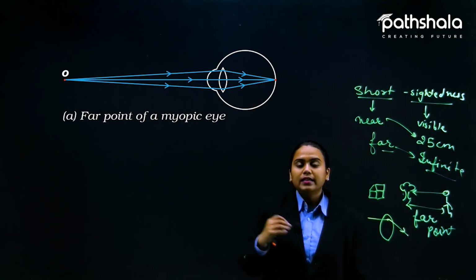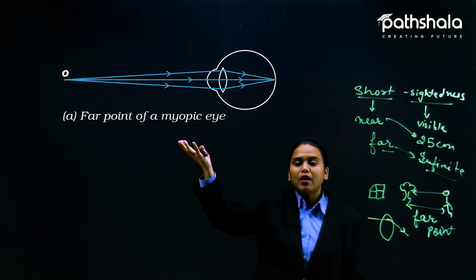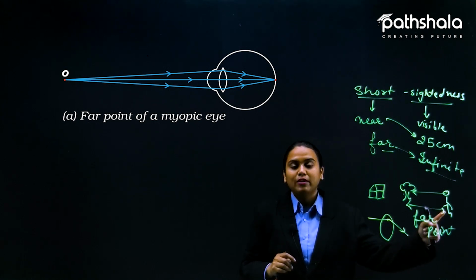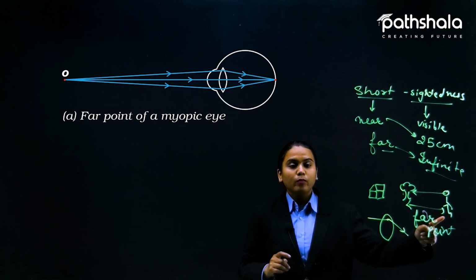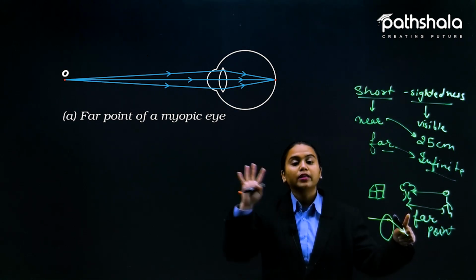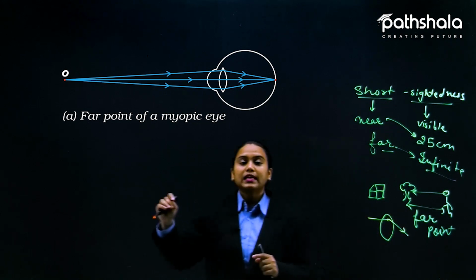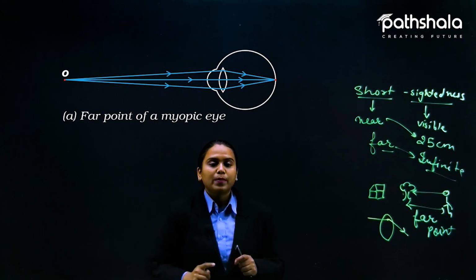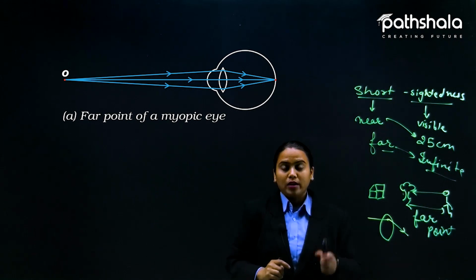Let's suppose here we have the far point of the myopic eye. As I have told you, this person has myopic disease. The last thing he could see clearly, the furthermost thing, is the tree. So we can say that is the farthest point of this myopic eye. This is the far point.